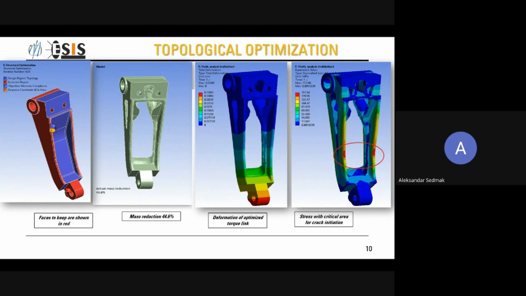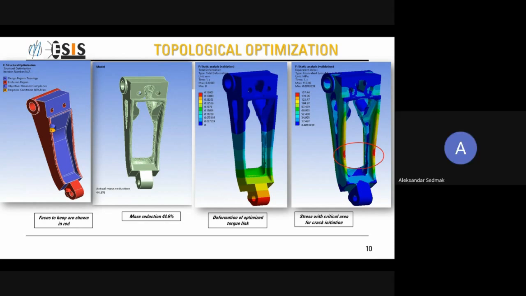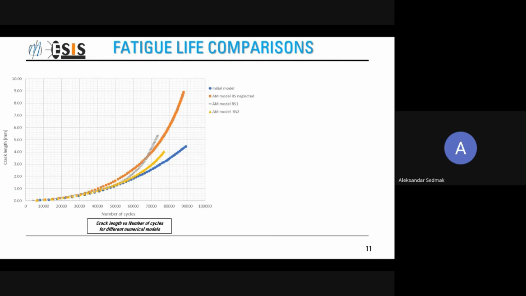So we did this with the utmost aim to get a lighter component made of printed material, and to have it ready for the case of failure. Next one. And here are some comparisons for different geometries so that we could pick the best one. Next one.